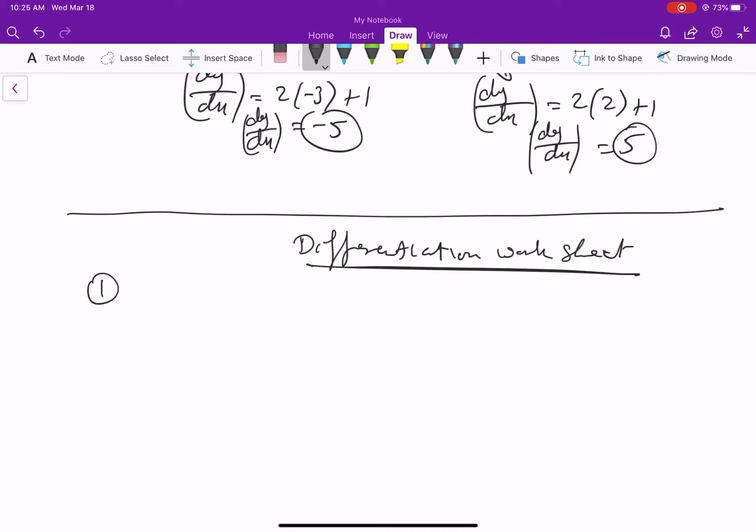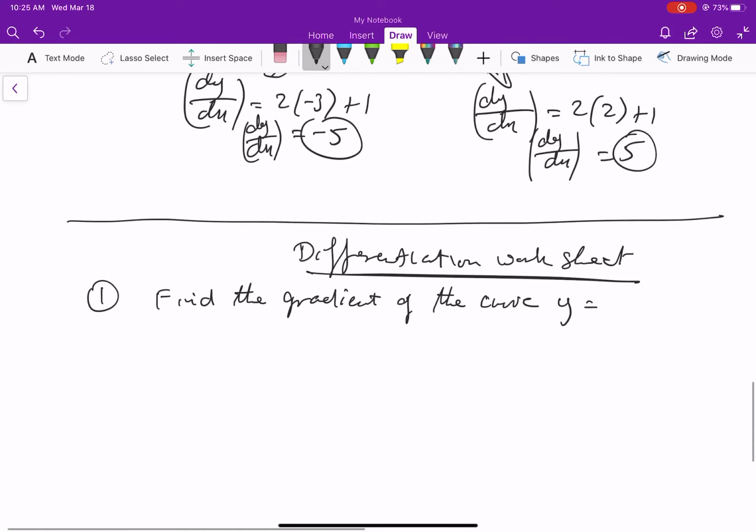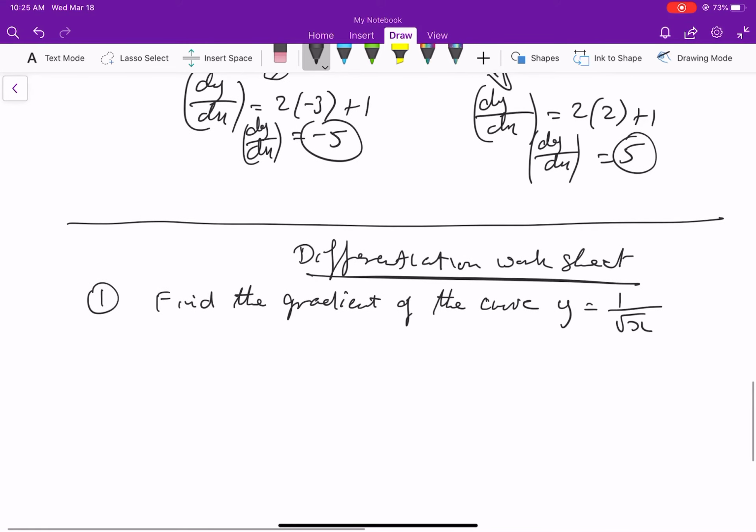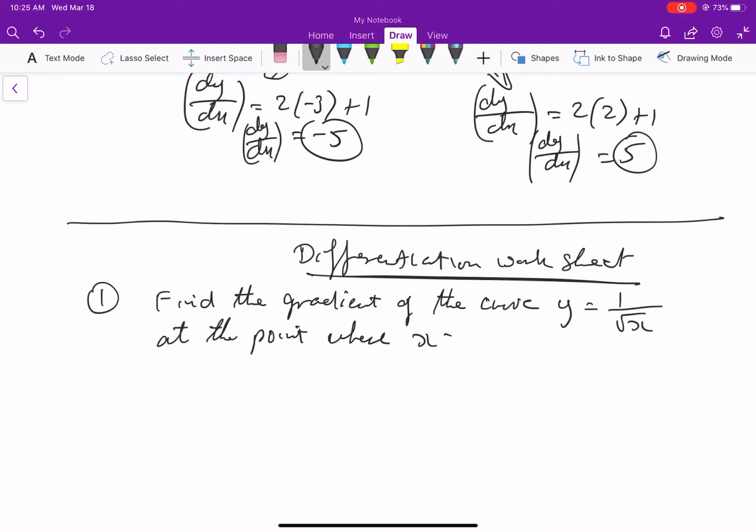Number 1. Find the gradient of the curve y is equal to 1 upon root x at the point where x is equal to 4. Number 2.